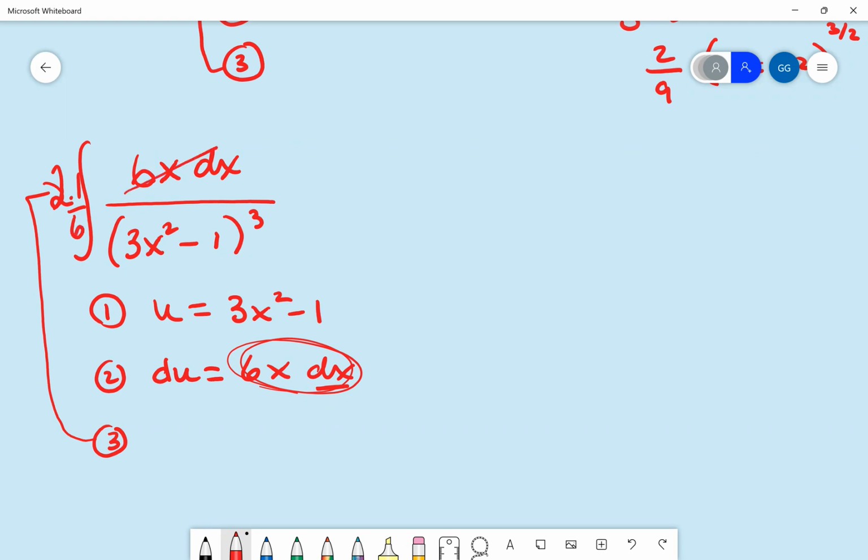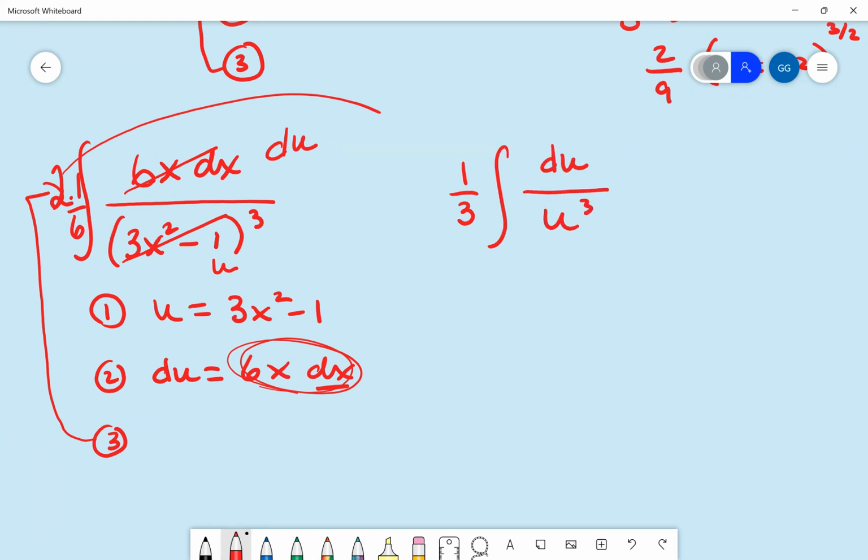Now the 6x dx becomes the du, and this becomes u to the third in the denominator. So obviously 2 times 1/6 is 1/3 times du now over u cubed. But remember, that's still not u to the n.